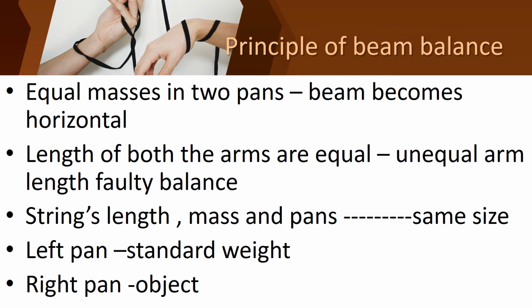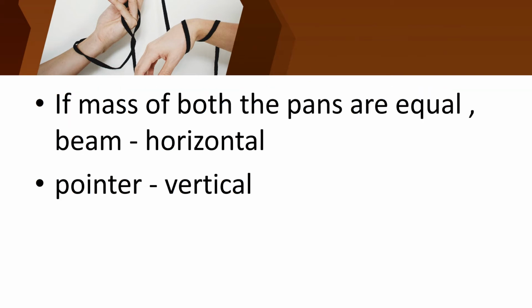Okay, you should place the standard weight on the left pan and the object on the right pan. Okay children, while measuring you should check that both the pans are equal.